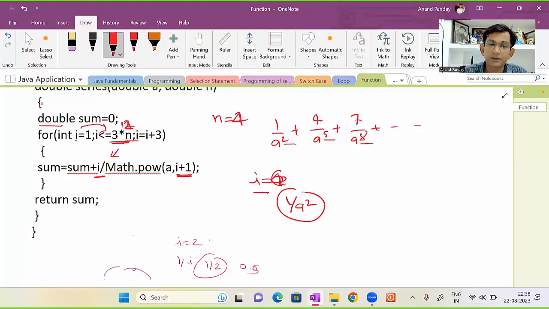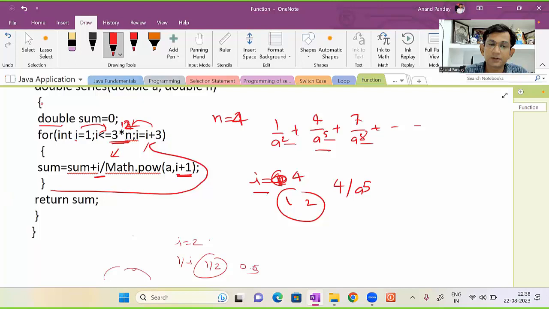Now next time the value of i will be, since here we have an increment of 3, i equal to i plus 3. So next time i will be what? 4. Condition true, control will go inside the loop. Now i is 4, so 4 upon Math.pow(a, i+1), means a to the power 5. The second term will be added and so on like this.